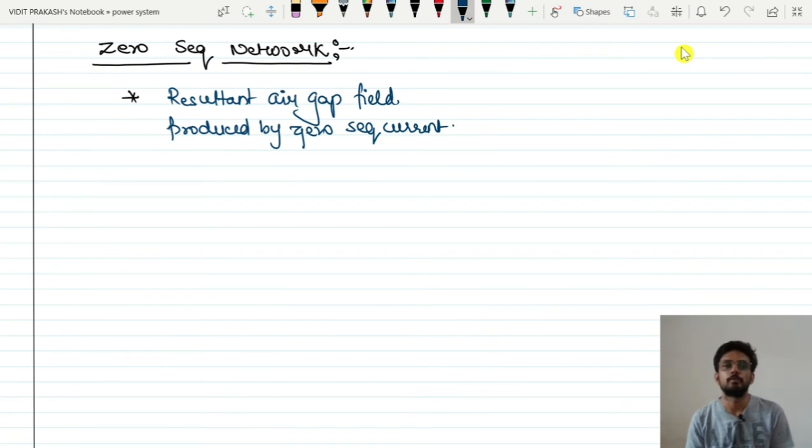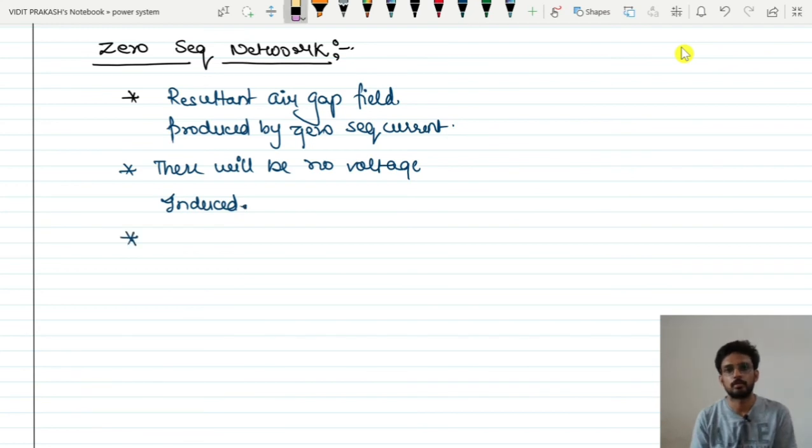If there is no air gap field, there will be no generation of EMF, right? There will be no voltage induced, and current IN will flow between neutral and ground.